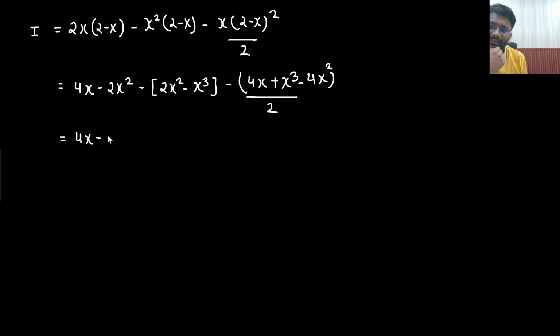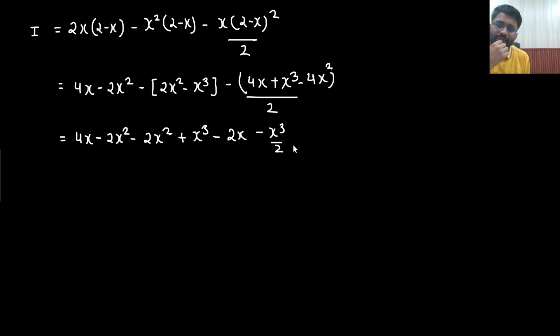Now let's open the bracket. So this is 4x minus 2x cube minus 2x square plus x cube minus, when I open this one, 4 plus x square minus 4x, then x inside. So minus 4x by 2 will be minus 2x, minus x cube by 2, then plus 2x square.